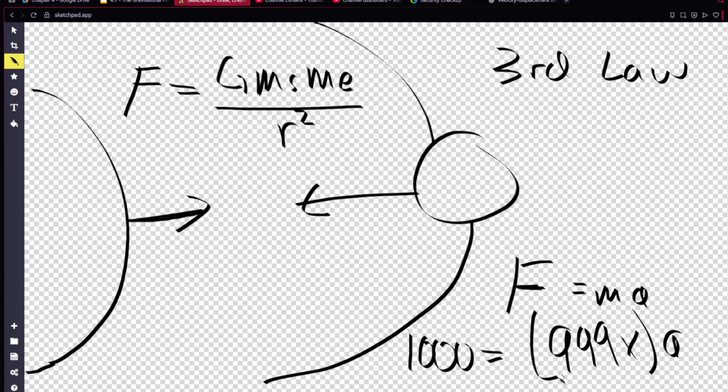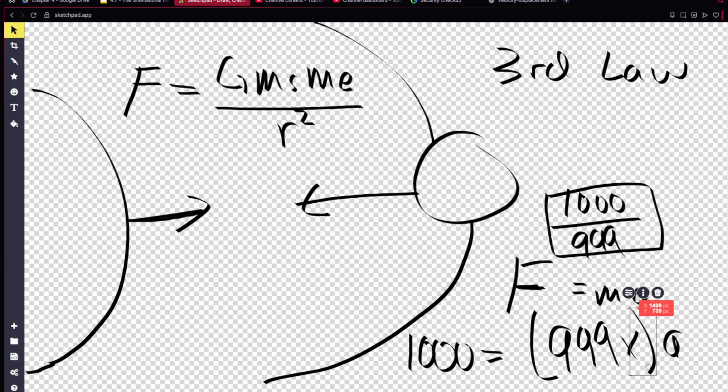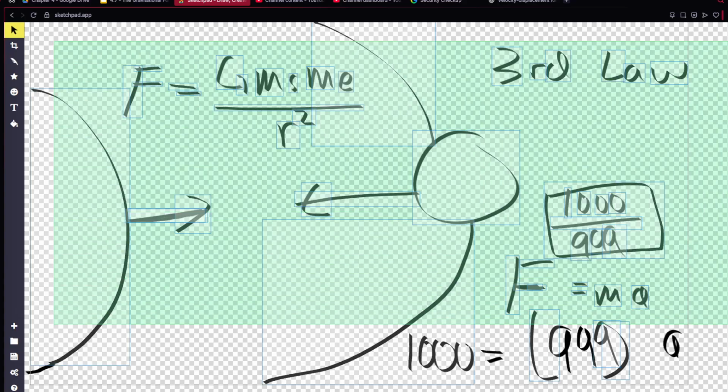That means the Sun is moving at 1 over 999 of the Earth's. Sorry, let's just say 999. That means the Sun is moving at a way slower speed than the Earth, or it has a way slower acceleration, should I say? So that's the logic there.